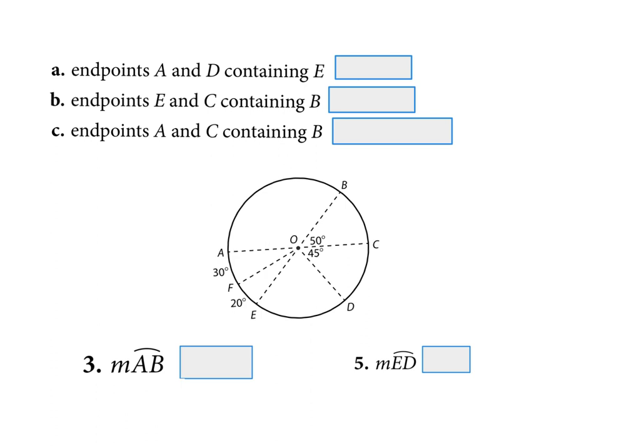Endpoints are A to D, and it goes through E. From A to E to D is a minor arc, so all you had to do was include the A and the D with the arc symbol and tell me that it was a minor arc.